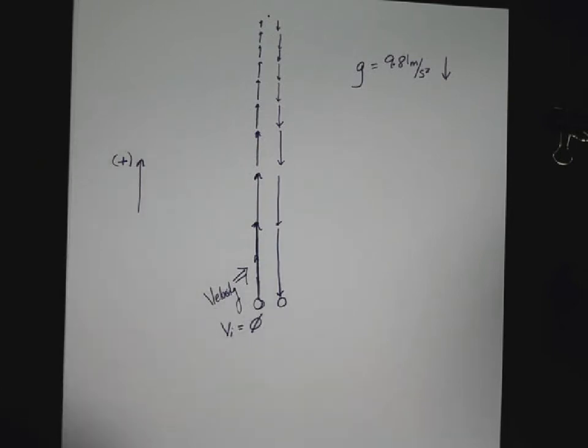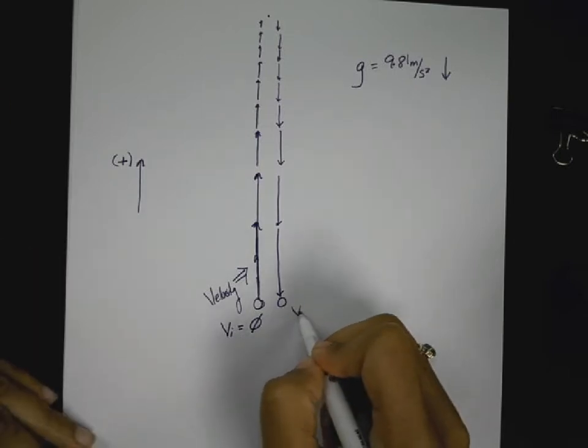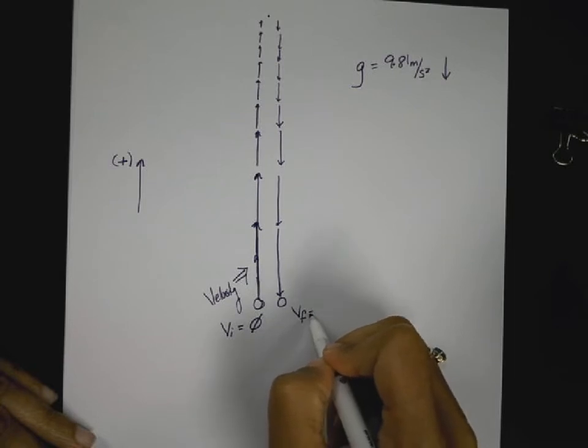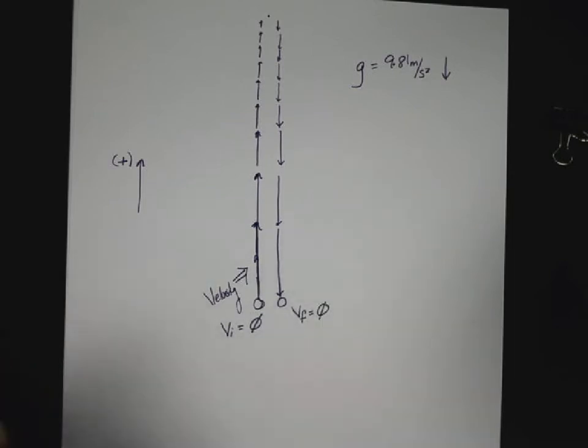And because this is nice and symmetrical, whatever the velocity is here, it's also the same velocity here when the ball comes back down at the same location. Again, that's important. It has to be at the same height in order for this to be true.